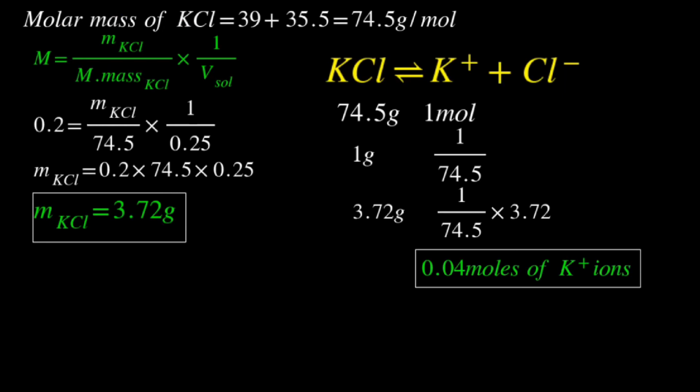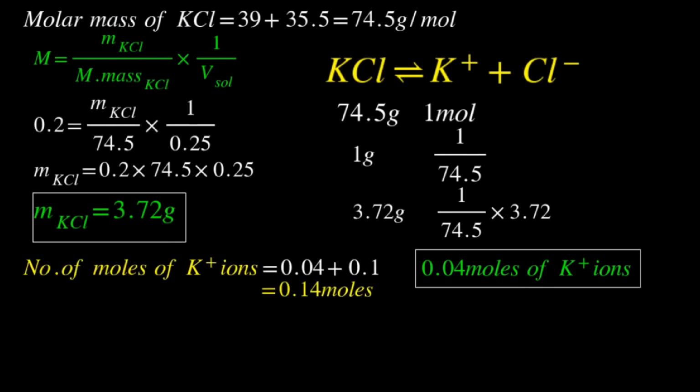So 0.2 molar potassium chloride will produce 0.04 moles of potassium ions, and 0.2 molar potassium sulfate will produce 0.1 moles of potassium ions. When both solutions are mixed, the total number of potassium ions is 0.14 moles. Now we have found the number of moles of potassium ions in the solution.